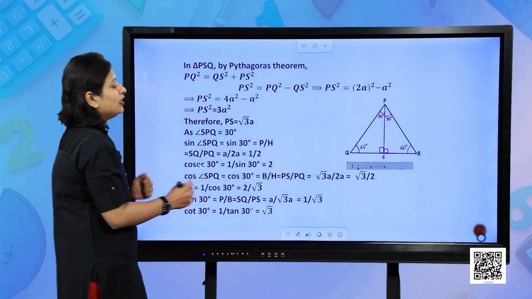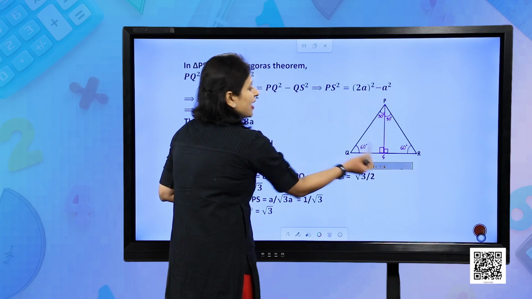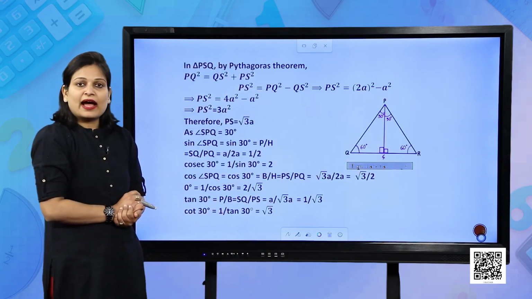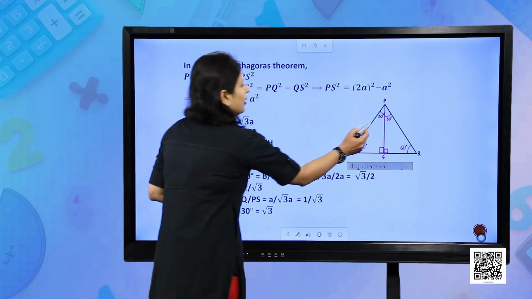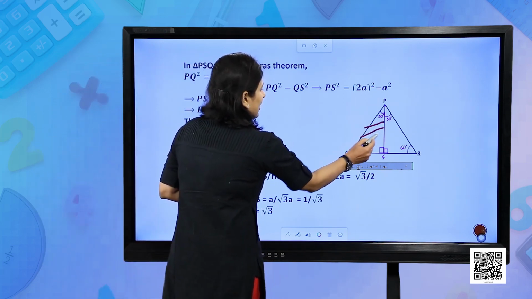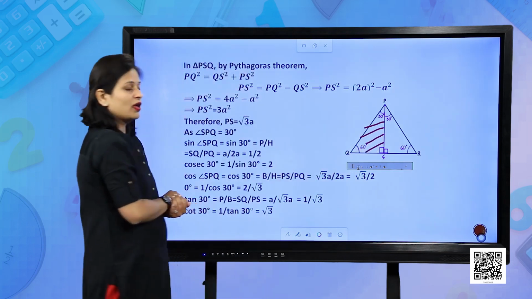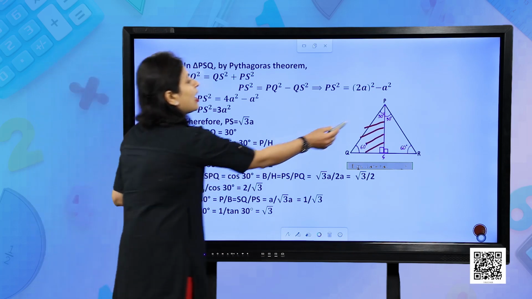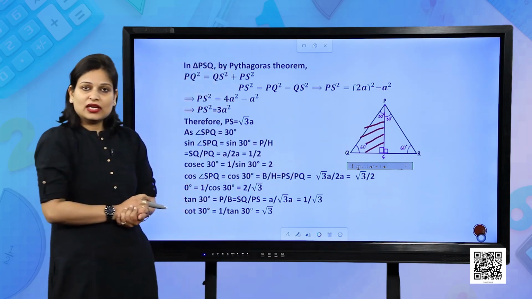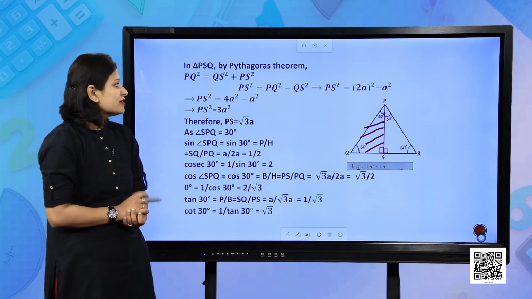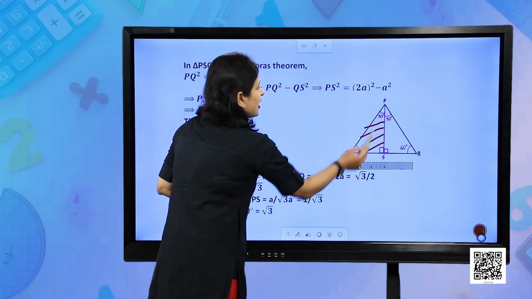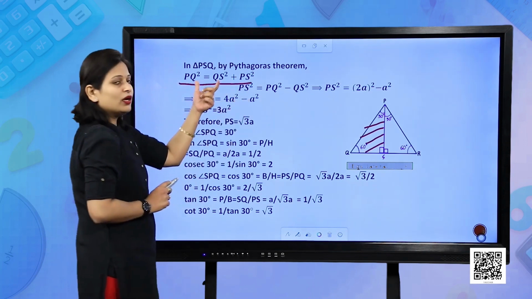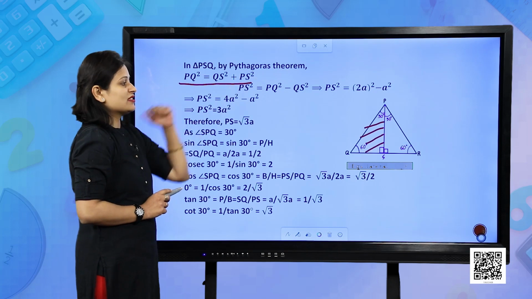Now, we need to find out the length of side PS. For this, we need to apply the Pythagoras theorem in triangle PSQ. According to the statement, PQ square, hypotenuse square, is equal to the sum of squares of the other two sides, which are QS and PS. So, what will you get? PQ square is equal to QS square plus PS square.